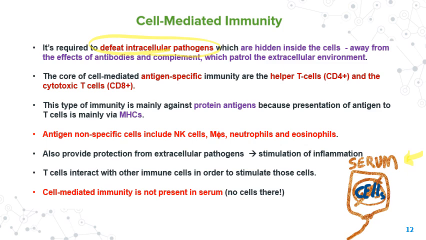They are trained to interact with MHC class 1, MHC class 2, and they have seen your self-antigens, right? They have not seen antigens of anybody else.